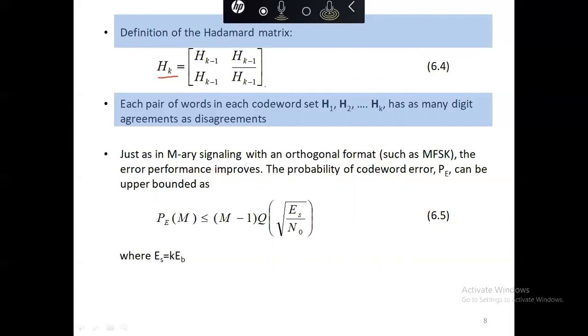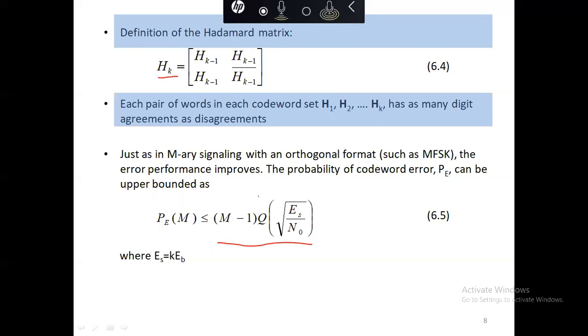Because of the orthogonality, we can say that the probability of symbol error is the same as in case of MFSK. Because all the sequences are orthogonal, the error performance is same as we have in case of MFSK.